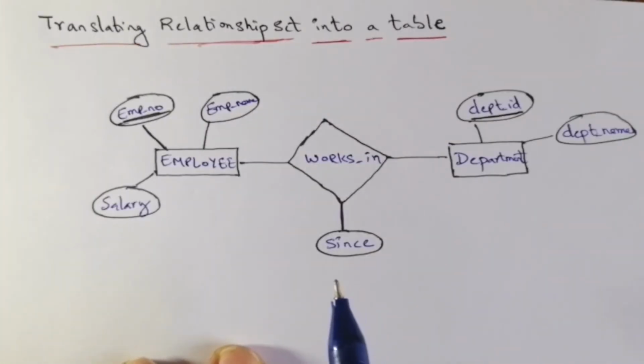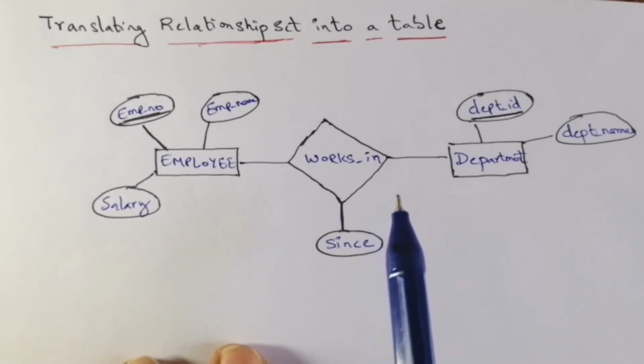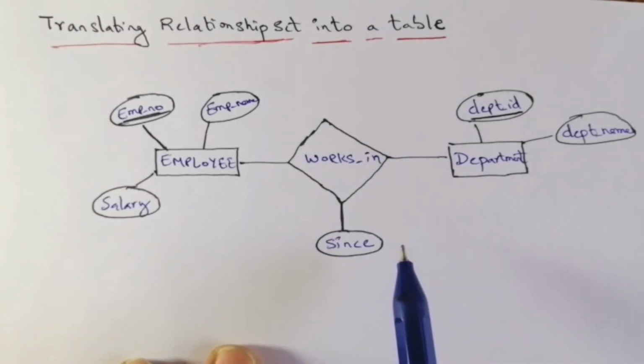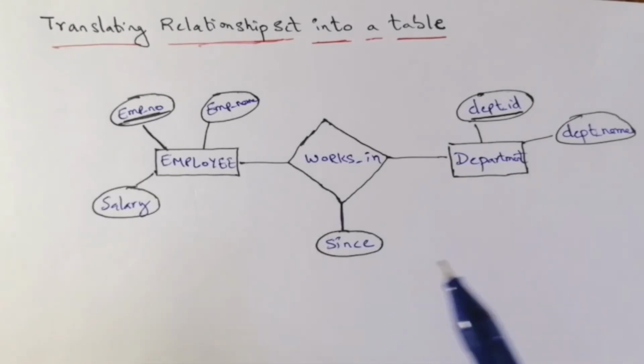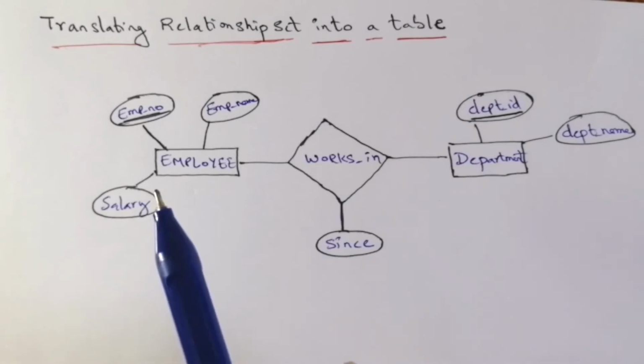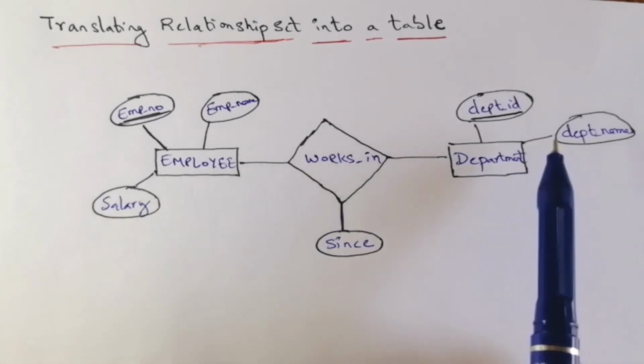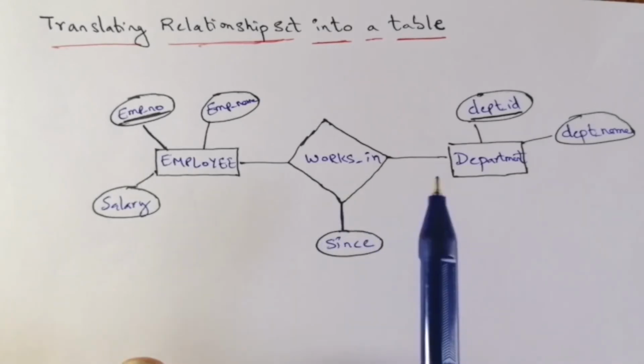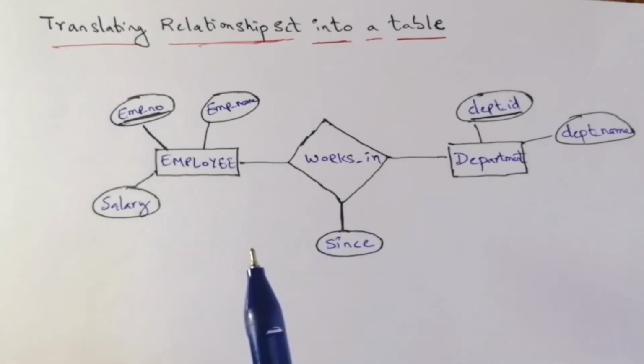In the previous lecture, we discussed how to convert an entity set into a relation. Before going deeper into the next topics, let us see how a relationship is going to be converted. We are not taking the cardinalities or participation here.